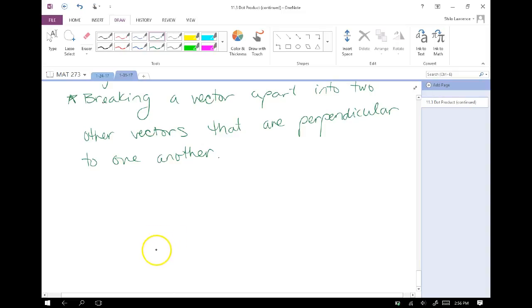So we might be told to take this vector and break it into two pieces, where one of the pieces is in the direction of V. However, what we're going to be calculating here is the projection of U onto V.